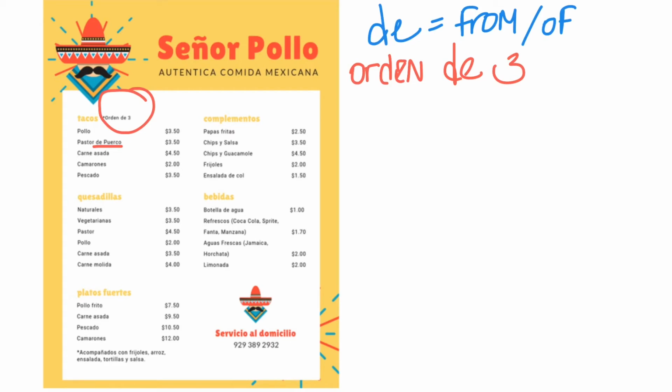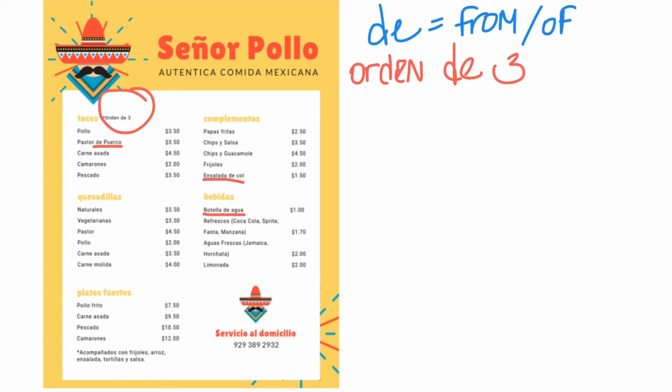And this is where it gets a little blurry. I'll have 3 examples. I have "pastor de puerco." So it's under tacos. It must be a type of taco. Pastor, tacos al pastor. Okay, I've heard that before, but what is "de puerco"?